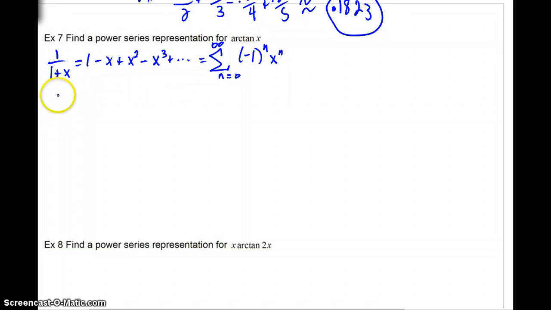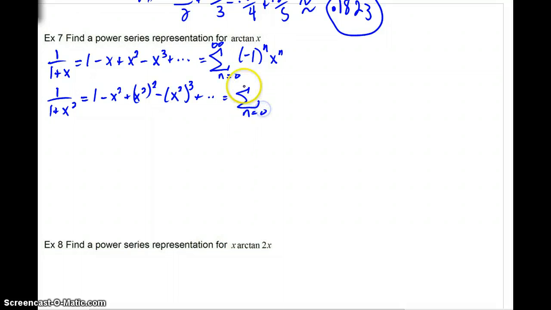negative 1 to the n of x to the n. Well, tell you what, if I wanted to find 1 all over 1 plus x squared, well then everywhere where I have an x, I'm going to replace it with x squared. And we've done something like that before. By the way, this would even occur inside of the sigma.